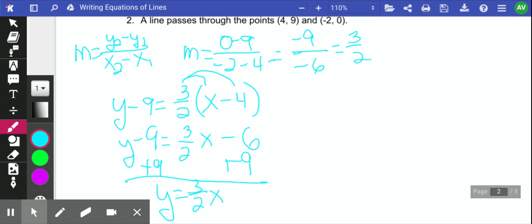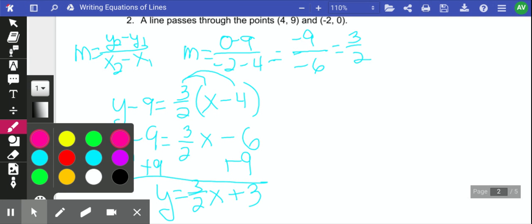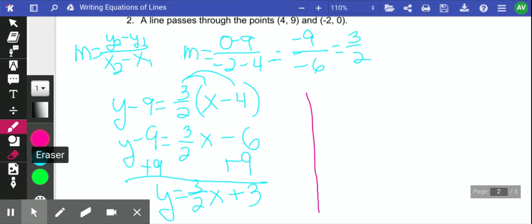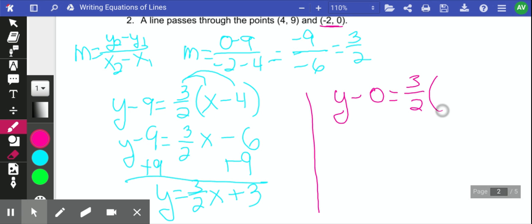Now, just for fun, I'm going to prove to you that we get the same answer if we were to plug in the second point. So this time I'm going to plug in this point instead. Let's see what happens. So if I plugged in this point, I would do y minus y1 equals the slope times x minus x1.